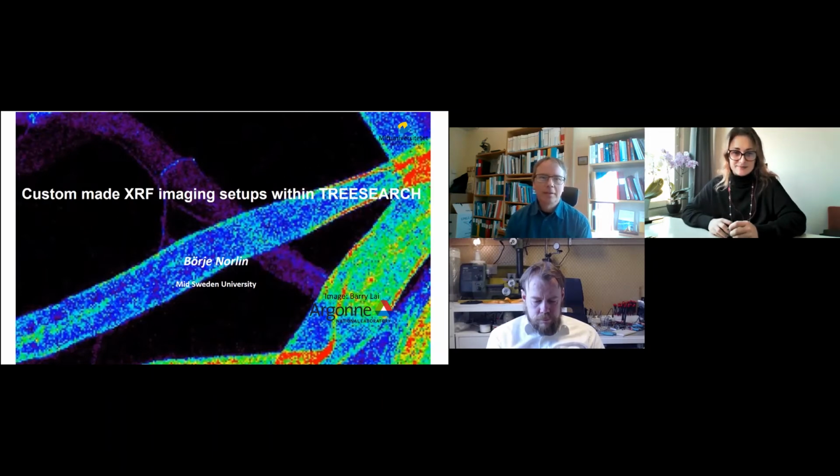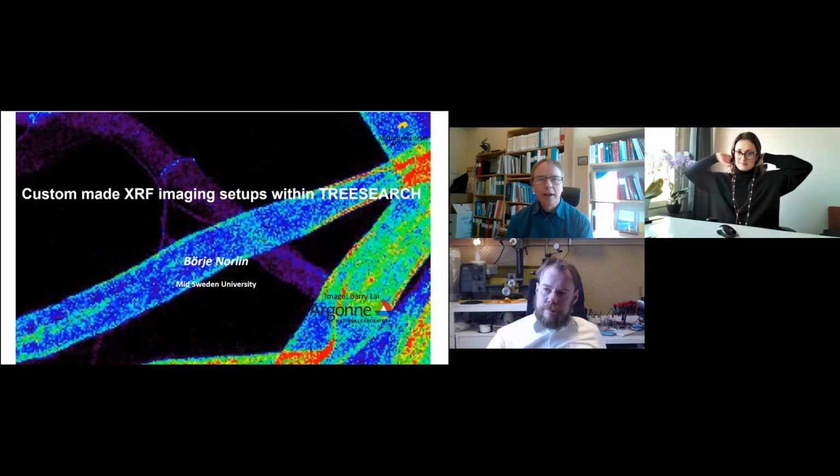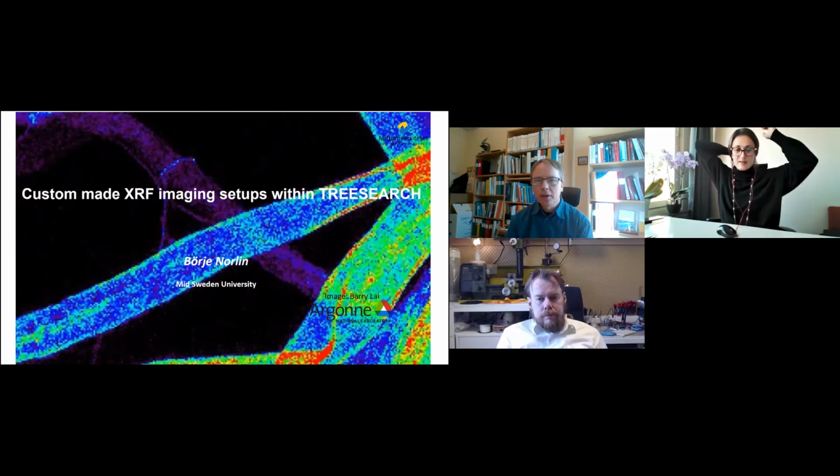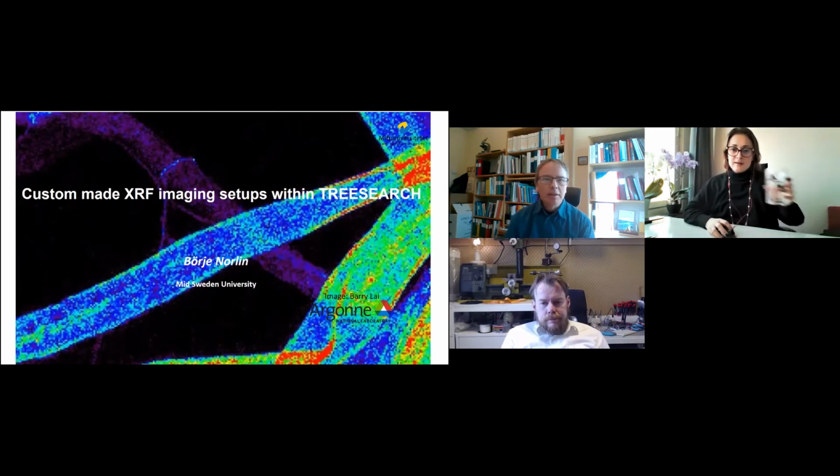Thank you for inviting me to this seminar. I will talk about this custom-made imaging that we are looking at at Treesearch for XRF material mapping imaging. This picture is an XRF image taken by Argonne National Lab in the US by Barry Lay.